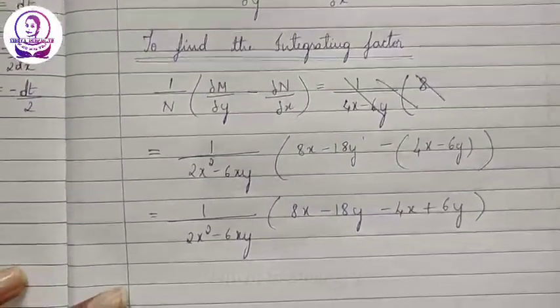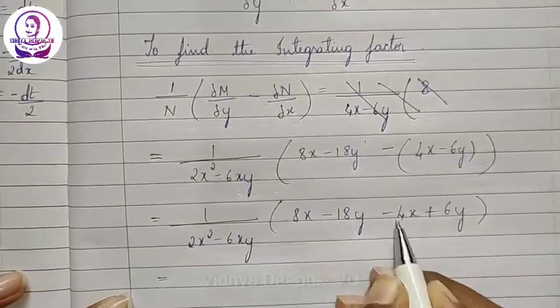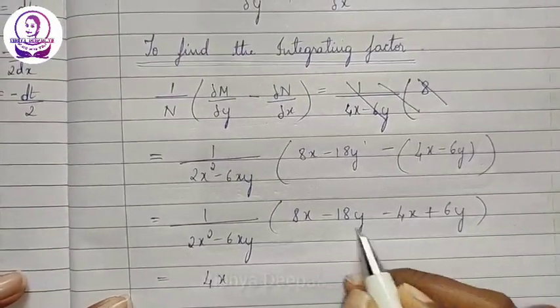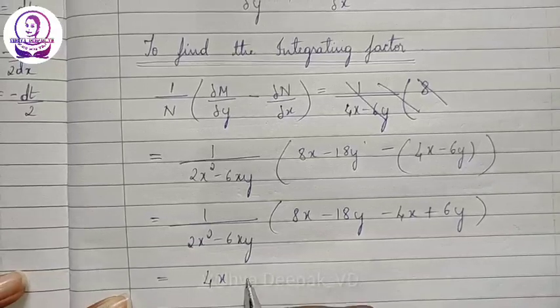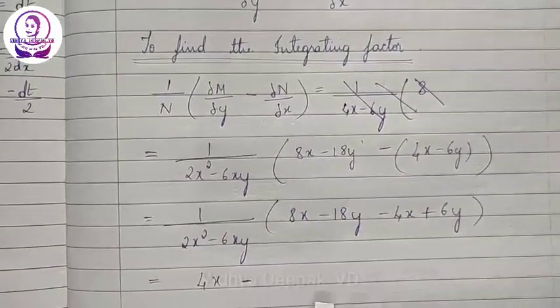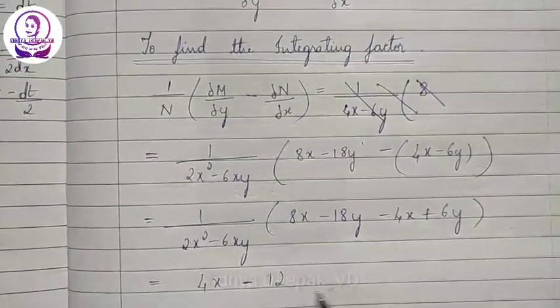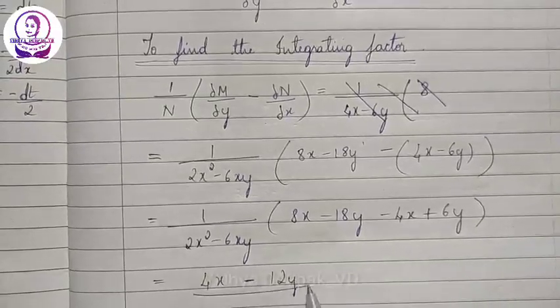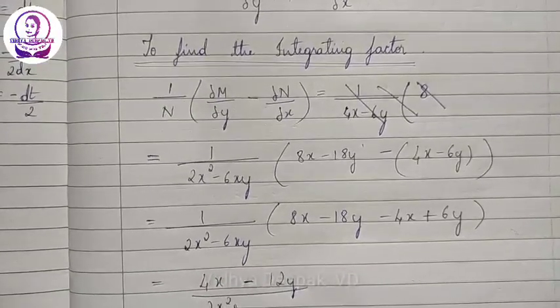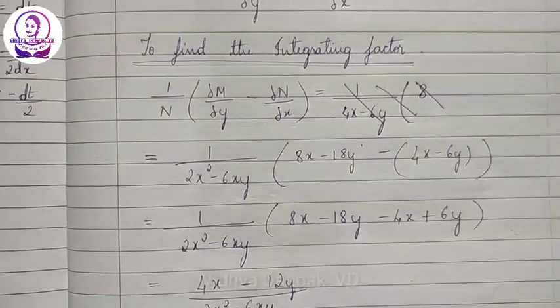Simplifying this: 1/(2x² − 6xy) times (8x − 18y − 4x + 6y). We have 8 − 4 is 4, 18 − 6 is 12, so (4x − 12y) divided by (2x² − 6xy).